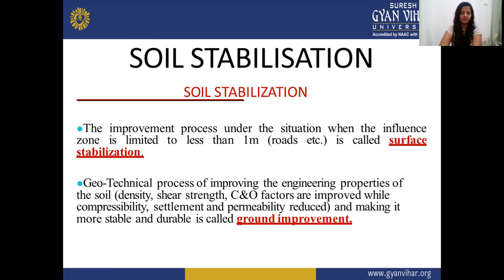The geotechnical process of improving the engineering properties of the soil, that is density, shear strength, and the C and phi factors are improved, while compressibility, settlement and permeability are reduced, making it more stable and durable, is called ground improvement. As we are well aware, a structure is a heavy mass, and it can exert hundreds and millions of tons of load below its surface.